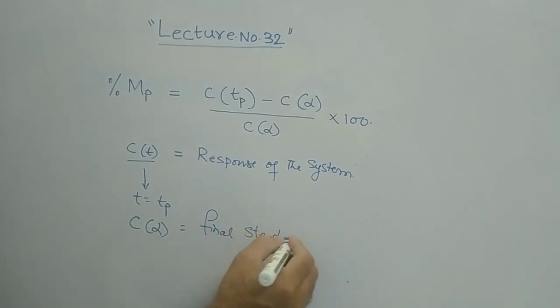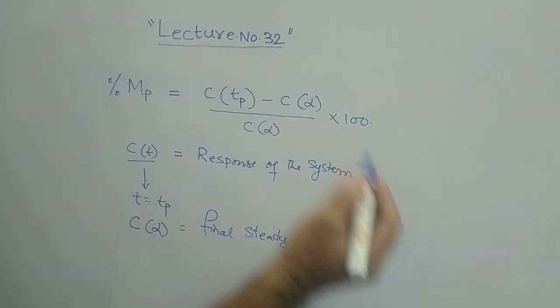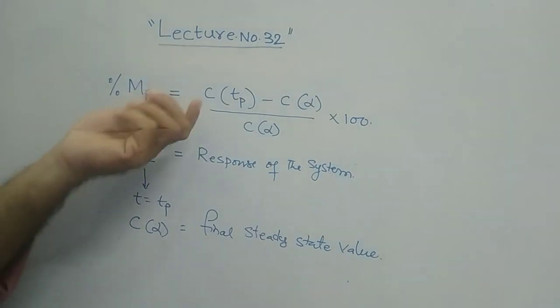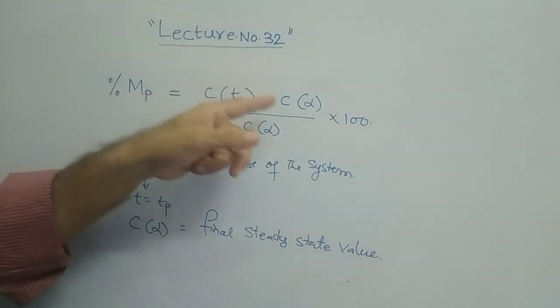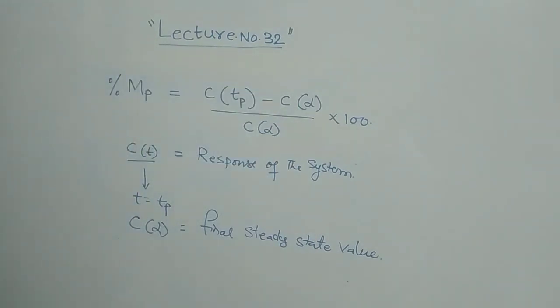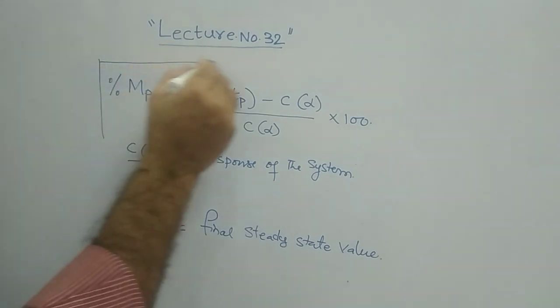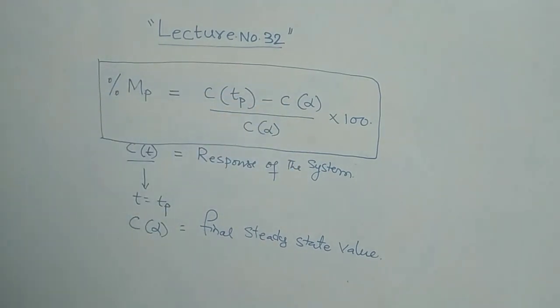If you know these two values, C of Tp and C of infinity, and substitute them in this formula, we will get the expression for percentage of Mp, that is peak overshoot.